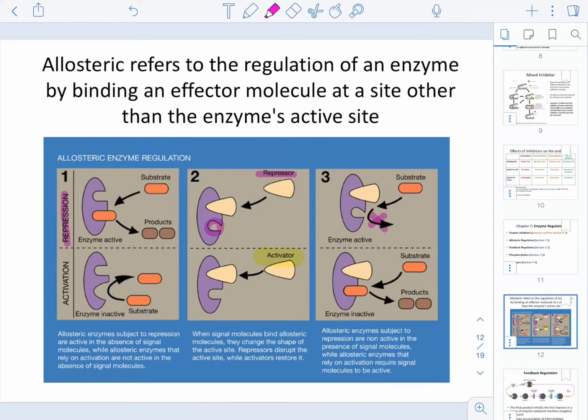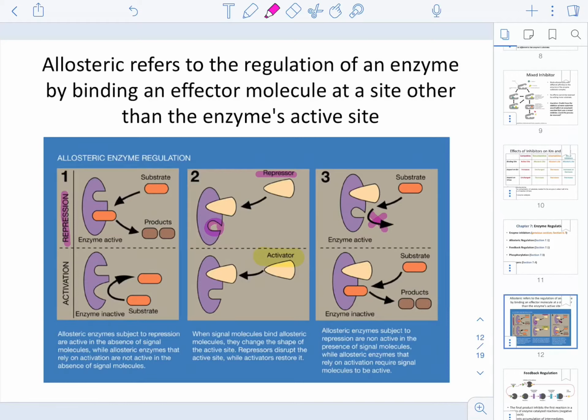Now, one of the things that we should be familiar with, even though there's very few examples out there, is that enzymes can also be changed, but instead of being repressed, they can be activated.